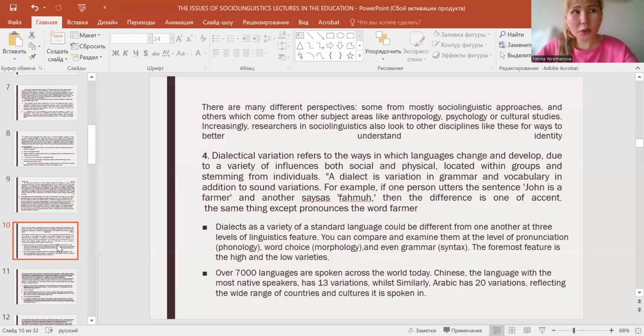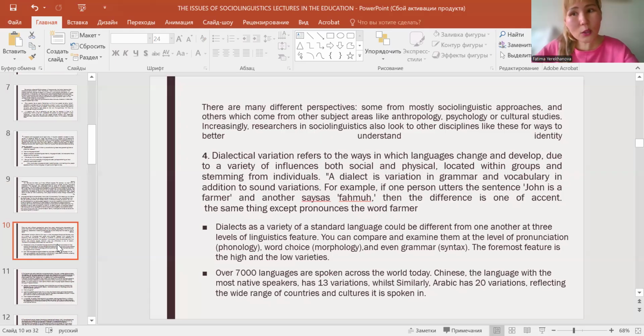If we consider the Scottish and the Welsh or British, of course there are some sound variations as well. So the difference is one of accent, the same sentence except one pronounces the word farmer differently.